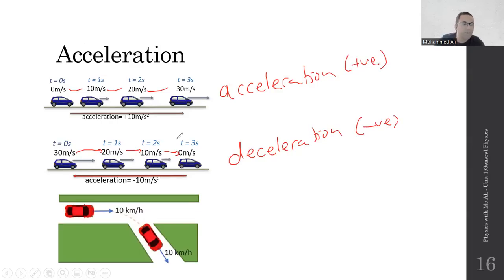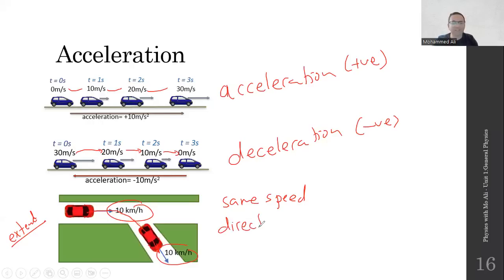And finally, this is for the extended folks. If an object is moving and then it changes direction, if it's moving at 10 meters per second or kilometers per hour and it changes direction, it has the same speed, so same value. It is still accelerating. Why? Because the direction has changed.